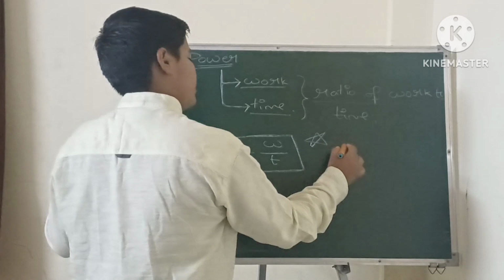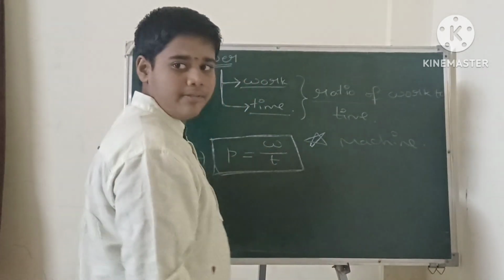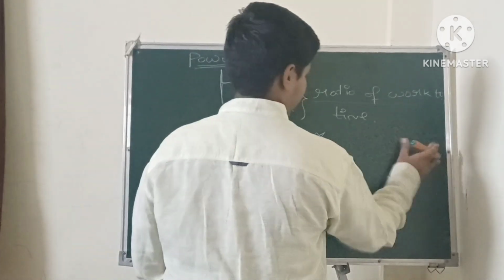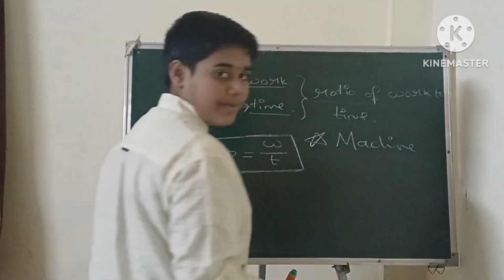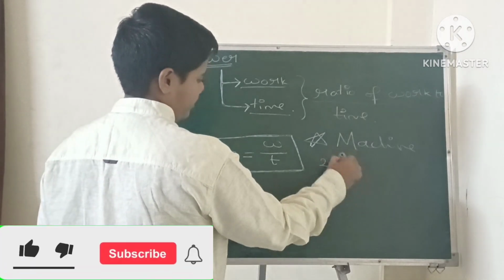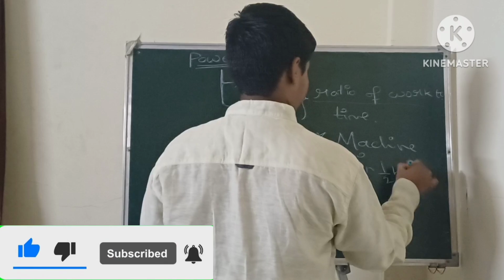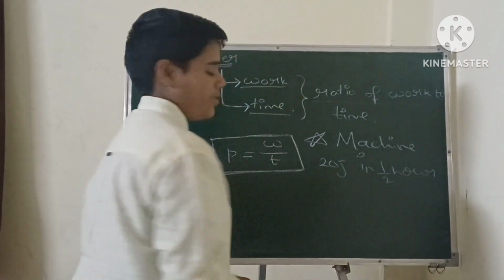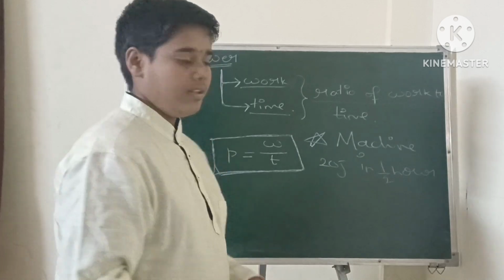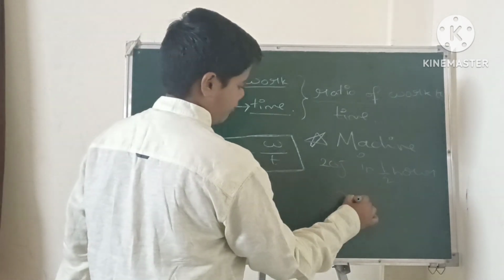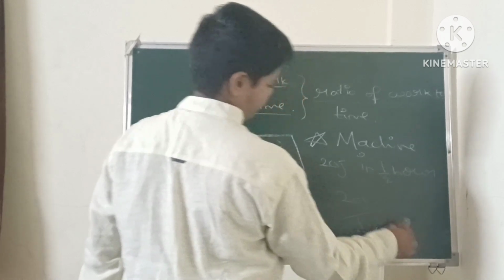Here, if a machine works 20 joules in half an hour, the power is 20 by half into 60.